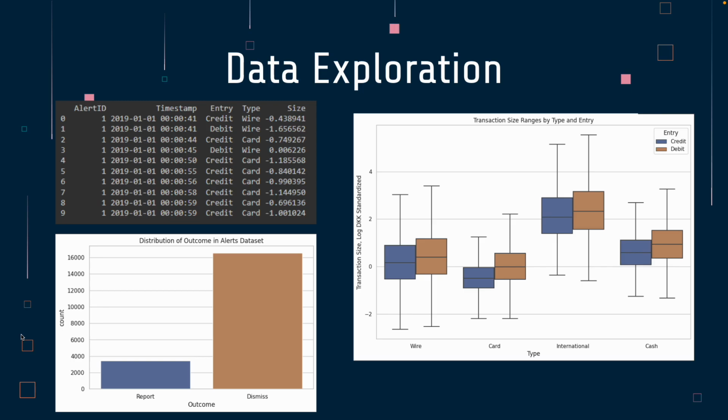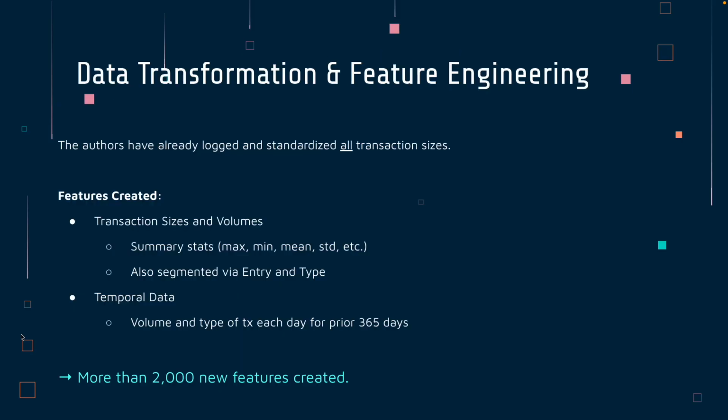From this, we wanted to see if any useful features could be engineered, in which, as I mentioned, because the authors have already standardized all transaction sizes, some amount of data snooping is inevitable. We ended up calculating summary stats, so max, min, mean, and standard deviation for transaction sizes, and then we repeated that for data by entry and type, right?